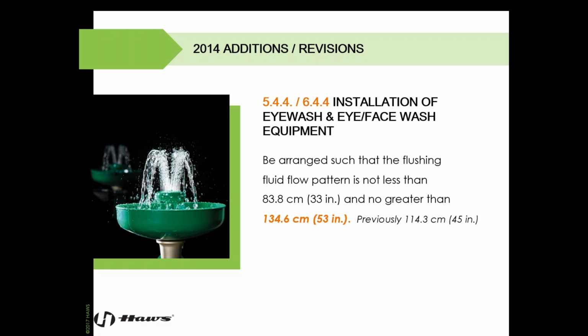So what we're now measuring is from the surface floor of the user to the stream height versus in the past, we were measuring from the surface floor of the user to the top of the eye wash head. With this change, we're now ensuring that the eye wash streams are in the appropriate spot and not exceeding the pressure and the flow patterns.